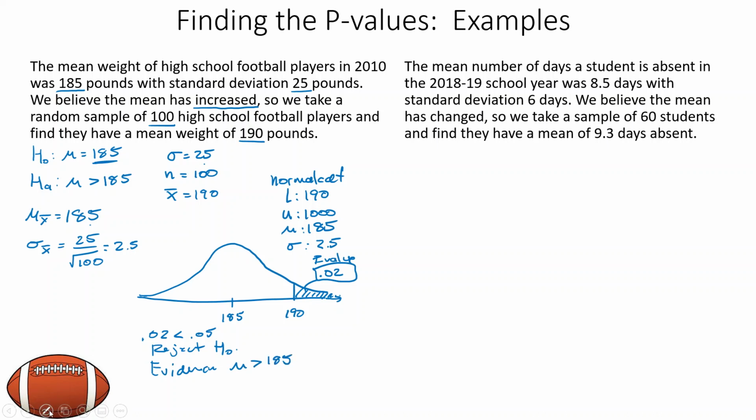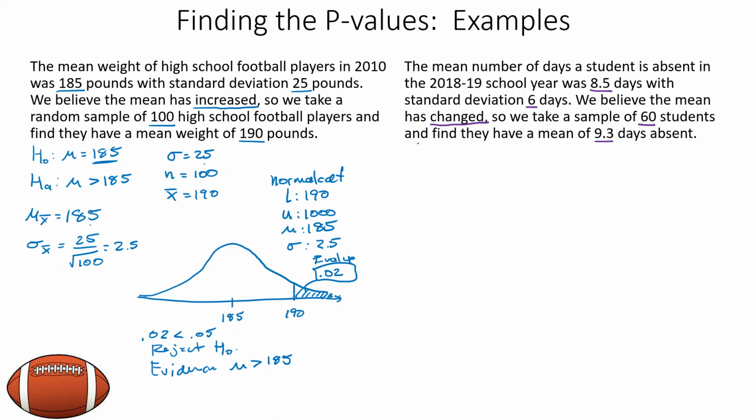All right, so there's the football example, and we'll switch to purple here for this last one. So the mean number of days a student is absent in the 2018-2019 school year was 8.5 days with a standard deviation of 6. We believe the mean has changed. So we take a sample of 60 students, and they have a mean of 9.3 days absent.